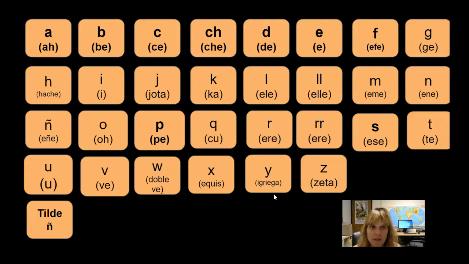We're going to start with something really easy. El alfabeto y cómo pronunciarlo. The alphabet and how to pronounce it, solo para repaso, y después vamos a hacer una actividad para practicar.